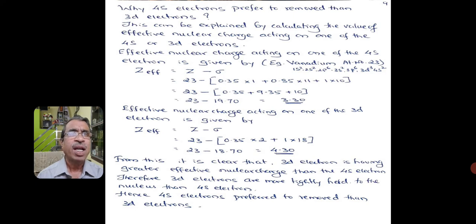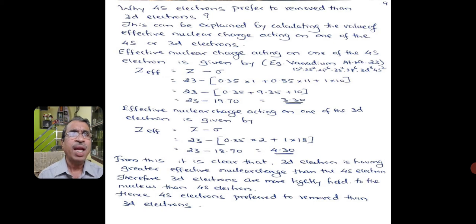Next, how many electrons are in the inner shell? That is the third shell. The third shell contains 3s2, 3p6, 3d3, so totally 11 electrons. Therefore, it has to be multiplied by 0.85 into 11. And the inside electrons, that is in the second and the first shell, include 10 electrons.